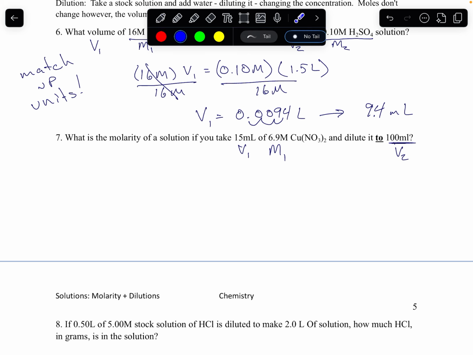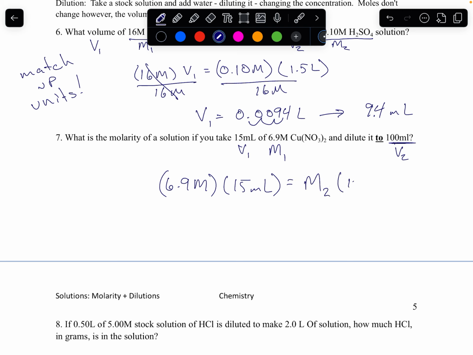So we're going to be taking 15 milliliters of the 6.9 molar copper nitrate, and adding water to it until I reach a total volume of 100, and I want to know what that new concentration is. We can do this. We plug it in: 6.9 molar times my 15 milliliters equals M2, my new concentration, times 100 milliliters.